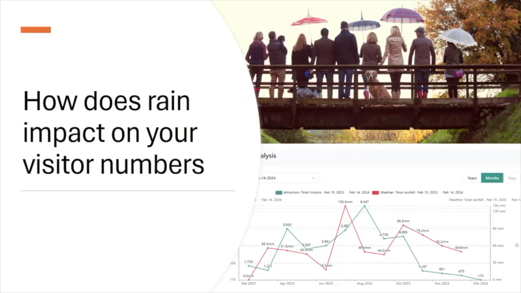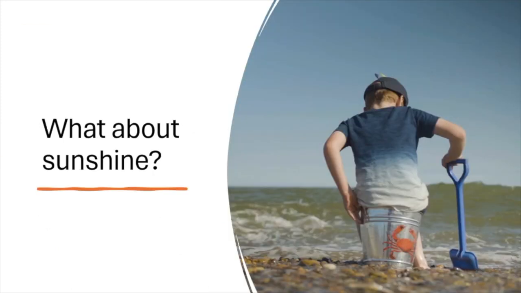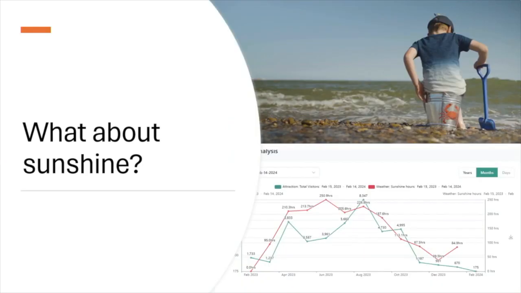Now, here's a glimpse of some of the data that's available. We know that wet weather is good for some attractions and disastrous for others. T-stats allows you to plot visitor numbers against rainfall data. Hot sunny days can have people heading towards the beaches and not attractions.